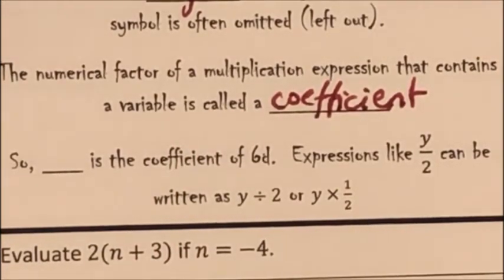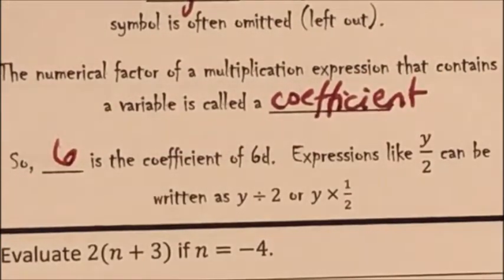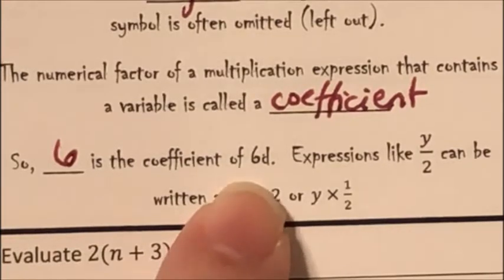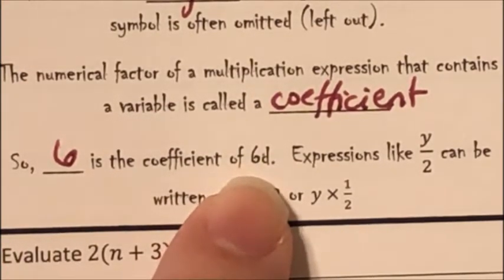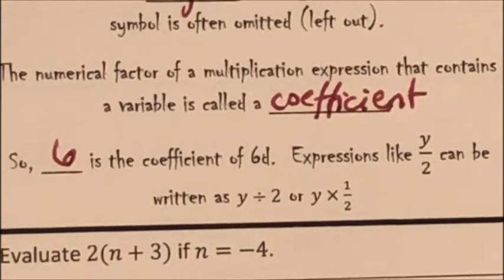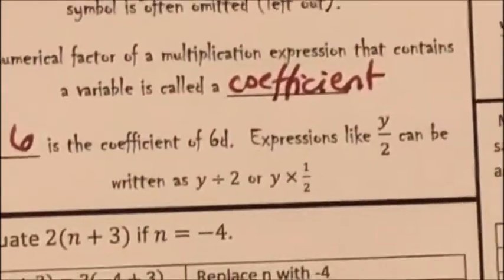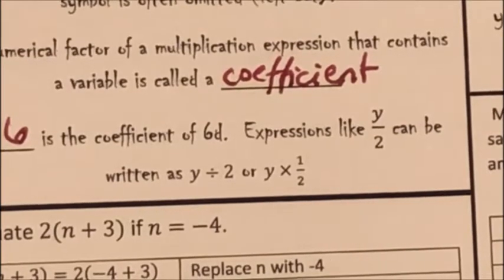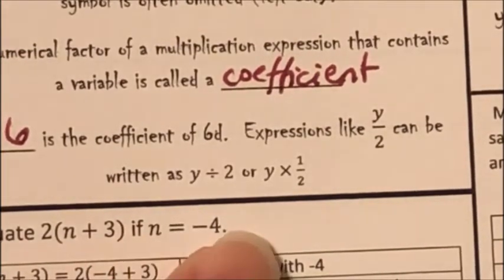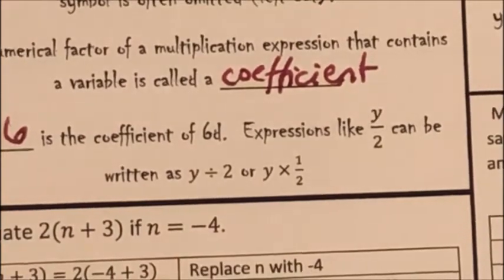So 6 is the coefficient of 6d, and when I say 6d, this means 6 times d. Expressions like y over 2 can also be written as y divided by 2 or y times 1/2.